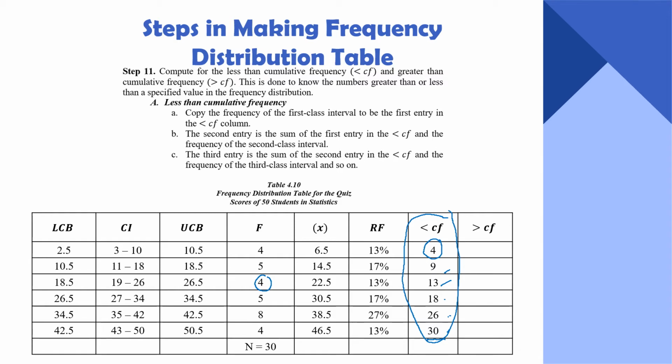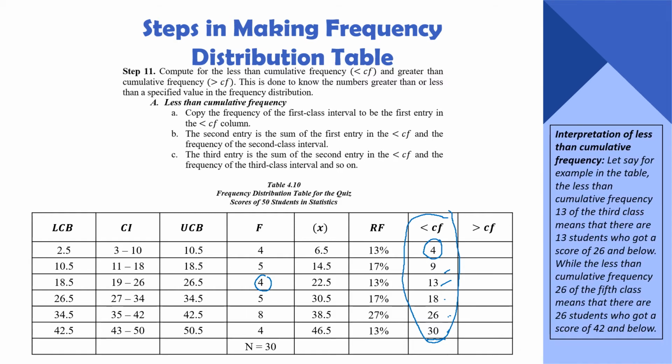Okay, so for the interpretation of the less than cumulative frequency, let's say, example in the table, the less than cumulative frequency 13 of the third class means that there are 13 students who got a score of 26 and below.